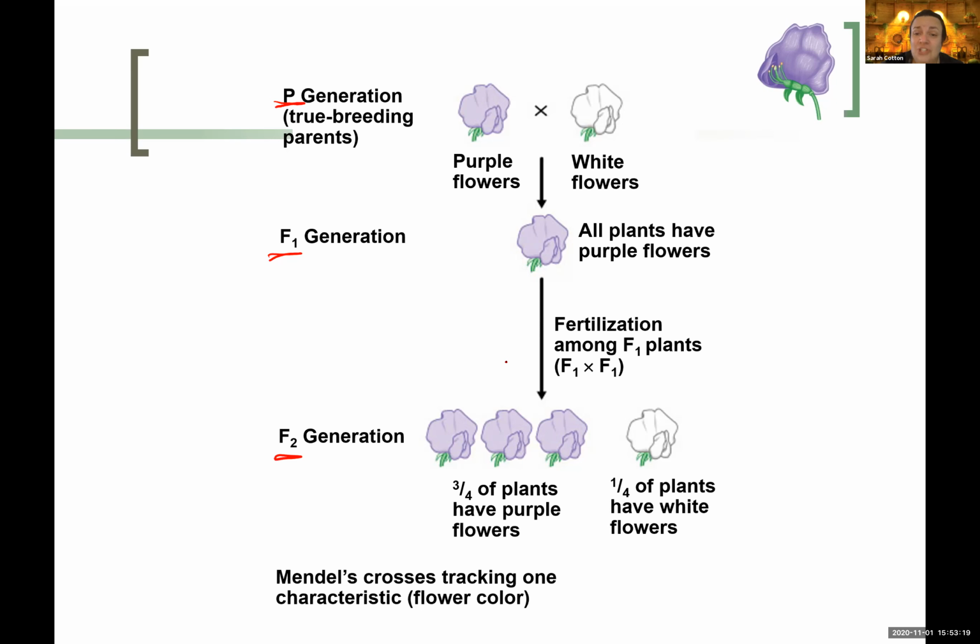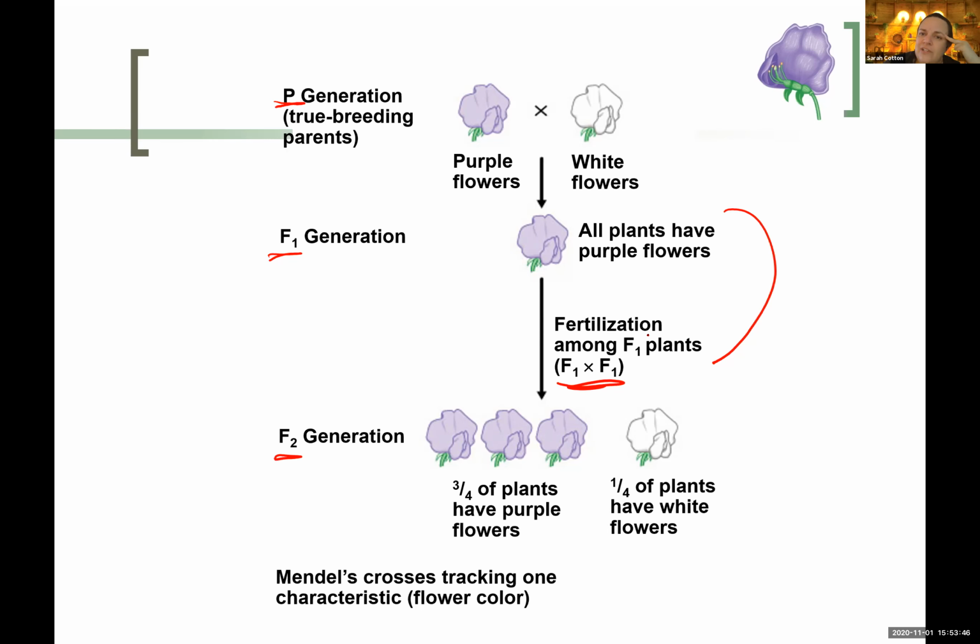So if we crossed F1 with other F1s, what Mendel ended up with is a very reliable ratio where 3/4 of the offspring would have purple flowers and 1/4 would have white flowers. Isn't that interesting? What's the deal with that?